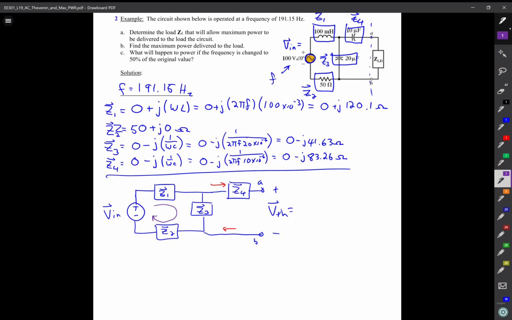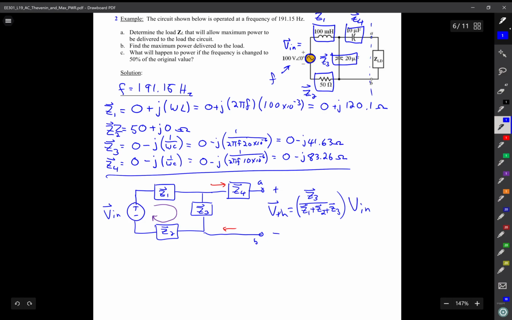So in this case, it's simply an application of the voltage divider rule to find V Thevenin, which would equal Z3 divided by Z1 plus Z2 plus Z3, times V in. Notice how I put the arrows on top because they're vectors.